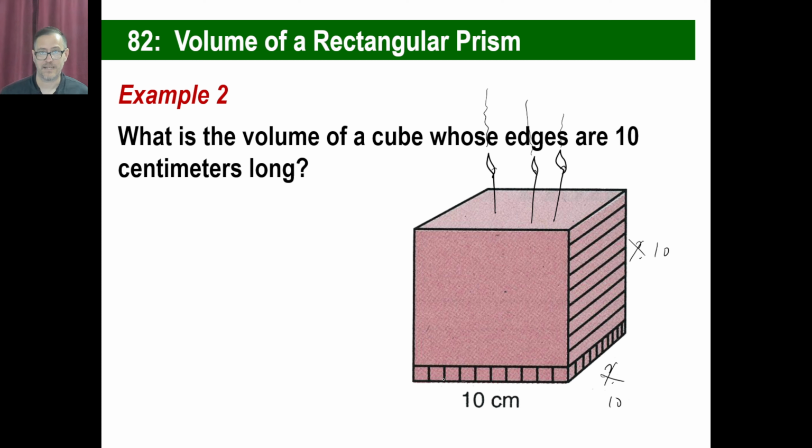Well, if you cut it perfectly into centimeter pieces, which would be terrible, how many pieces would you get at this bottom layer? You can see that you get 100 pieces, right? Because there are 10 rows of 10, correct? So this bottom layer is 100 pieces of cake. And of course, there are 10 layers of this, so the number of pieces would be 1,000 pieces of cake. That's volume. That's all there is to it.